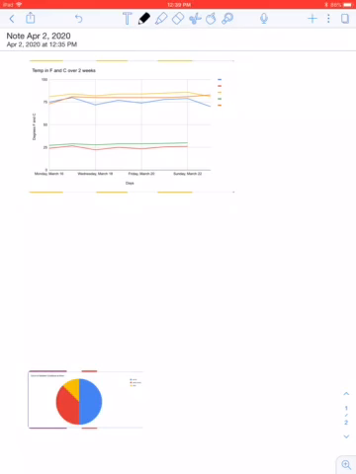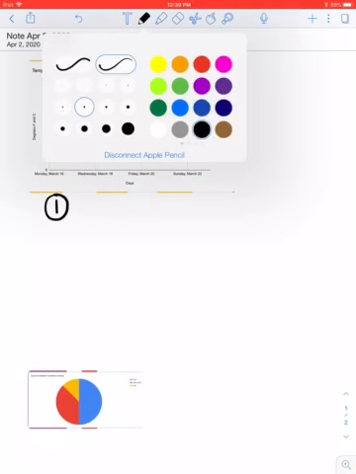Alright, so now that we have our graphs, we don't want to just leave it at that. We kind of want to say, what do these graphs mean? And so what you're going to do in Notability, or if you want to use Google Docs again, that's fine, is you're going to write about what this graph means. So the first thing I want you to write, I'm going to make my line a little smaller here.